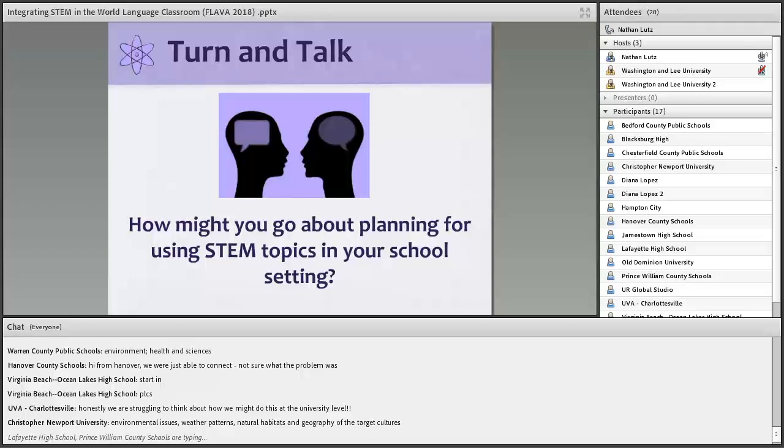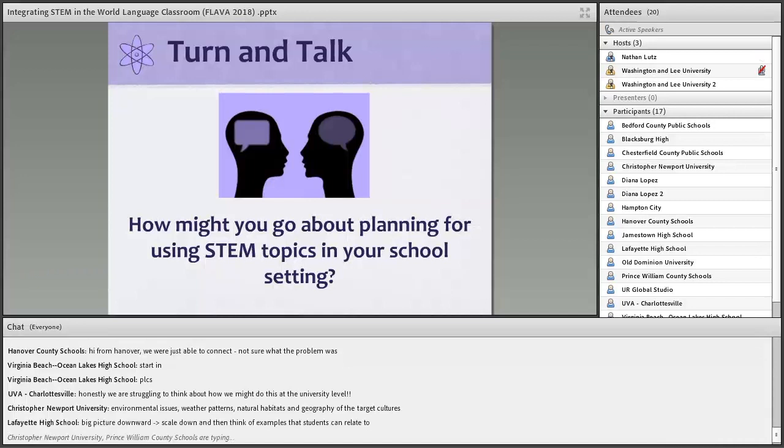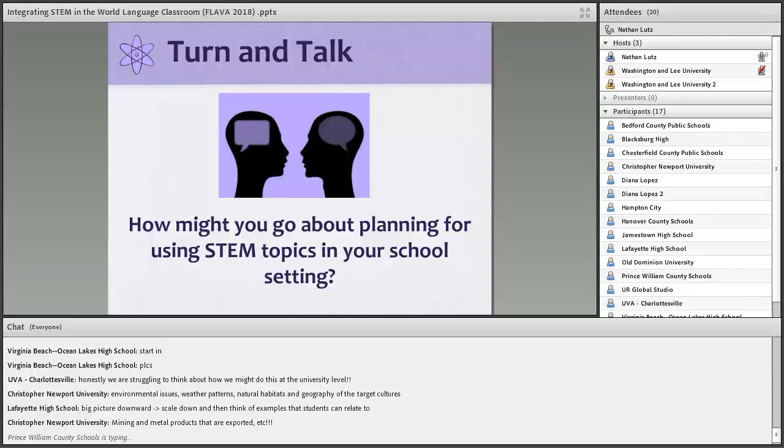Here we have some people talking about environmental issues, weather patterns, natural habitats, and geography of the target cultures. Very good. And I think even if you just dig into what are some of the environmental problems that various areas that happen to come from your target culture have, starting to look at those and seeing what solutions might be going on elsewhere in the world or solutions that your students might come up with.